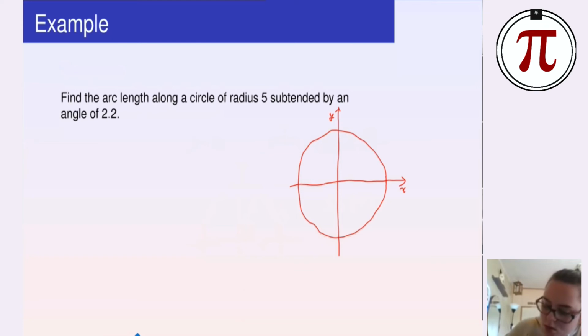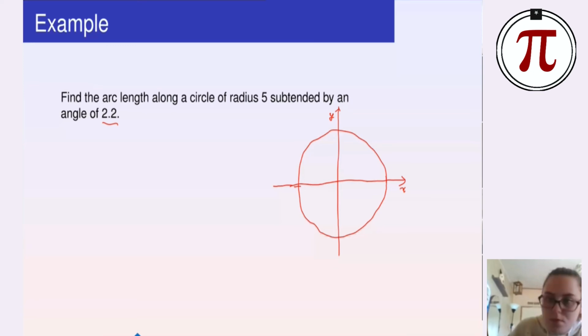The angle is 2.2. Which quadrant is it located in? I know that a half circle is pi.